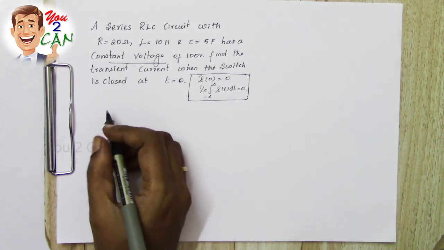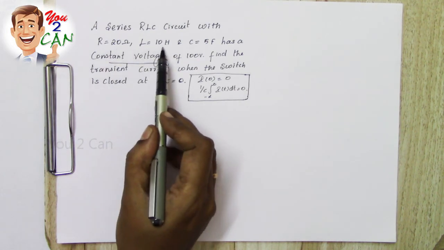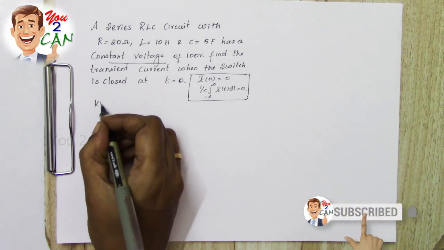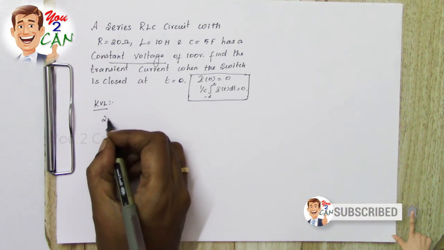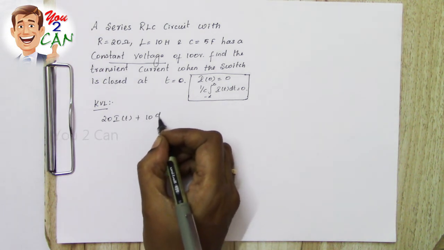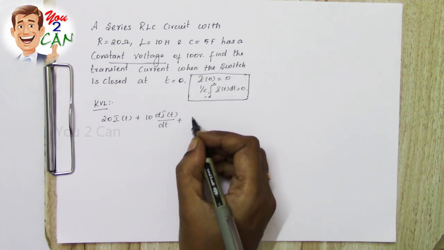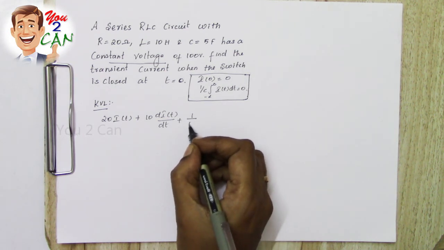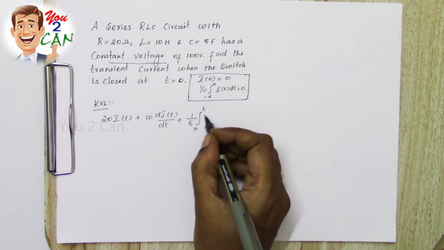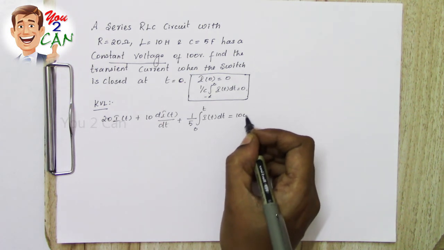Now write the KVL equation for this circuit, where resistance is 20, L is 10 henry and C is 5 farad. So the KVL equation is 20 i(t) plus 10 di(t)/dt plus 1 by C, that is 1 by 5, integral 0 to t of i(t) dt, which will be equal to 100 volt.